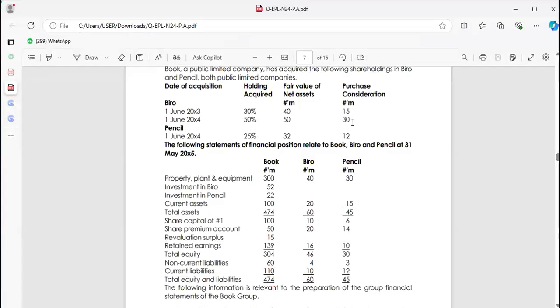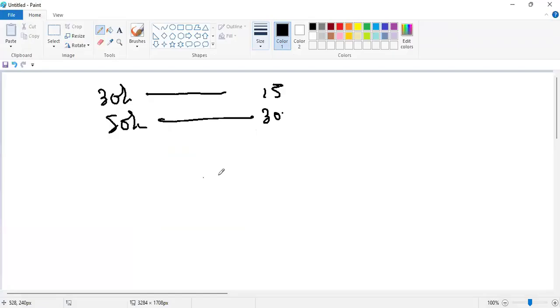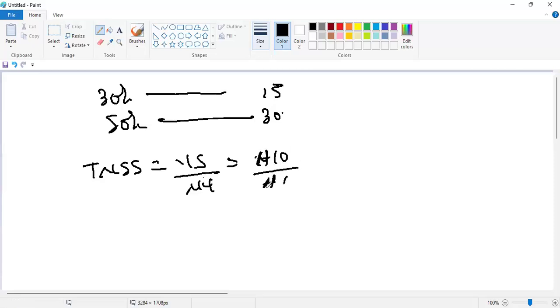50% at a cost of 30 million on 1st June. I will now use my maths knowledge to determine the total number of shares in the subsidiary, because the value of shares is 10 million over the nominal value of 1 naira. So you pay 50%, 0.5 times 10 million, you give me 5 million shares.